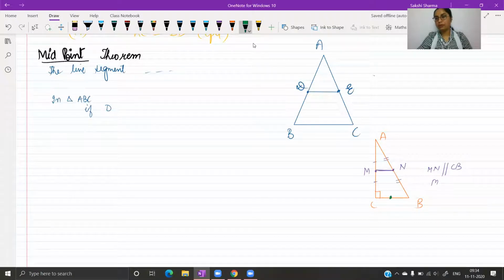If you have the midpoint of CB, let us say the midpoint of CB is P, then these parts are equal. Then the line segment which joins any two midpoints will be parallel to the third side. So if I join M with P, this will be parallel to this.